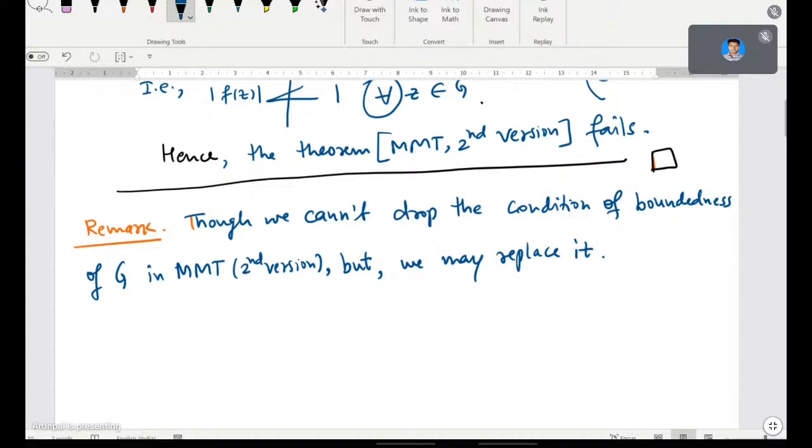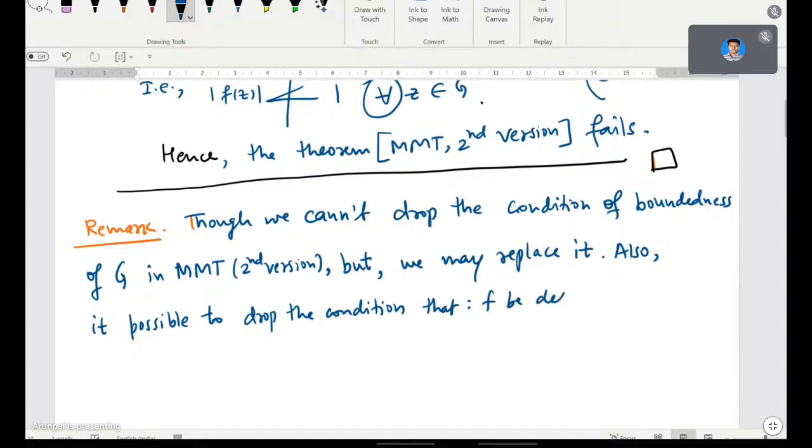And not only this, it is also possible to drop the condition that f be defined and continuous on G bar.